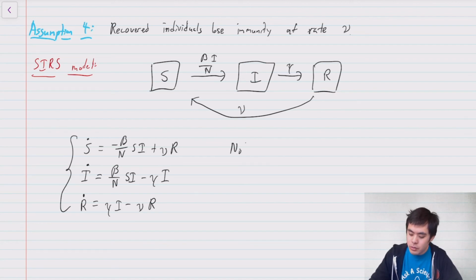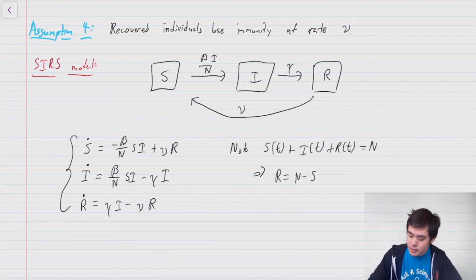And we'll still be in a constant population size assumption. This will not always be the case, so you may have models where your population size can change over time. So even though these are functions of t, N is not a function of t. R is equal to N minus S minus I, so we can substitute to get a system of 2 equations.